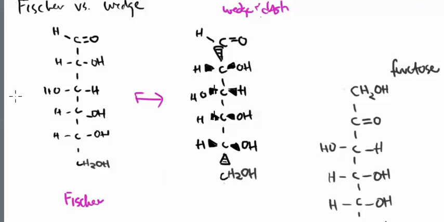And that's something that we don't want to happen, right? So Fischer and Wedge, stereochemistry, the shape and the structure of a polyhydroxy ketone, polyhydroxy aldehyde. Here you go. This is the introductory to the world of biochemistry, and in the next video we'll talk about more of the classification scheme concerning the carbohydrates.